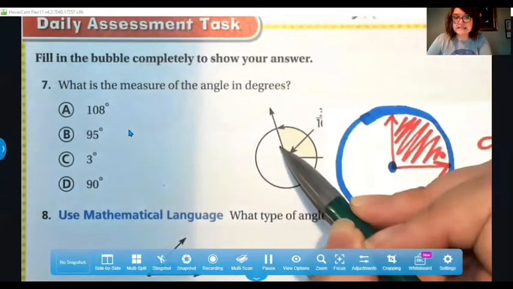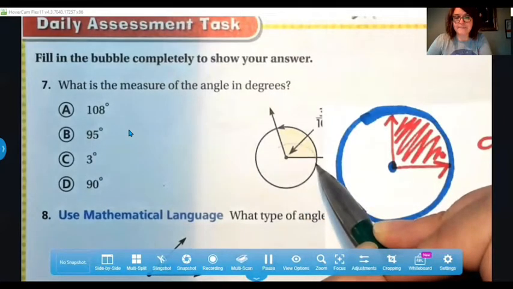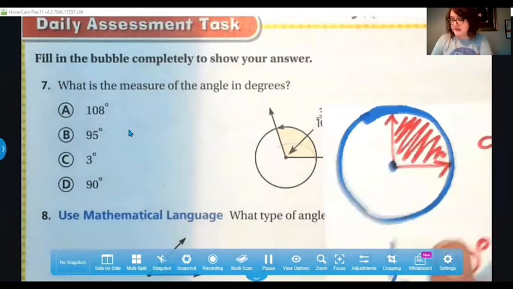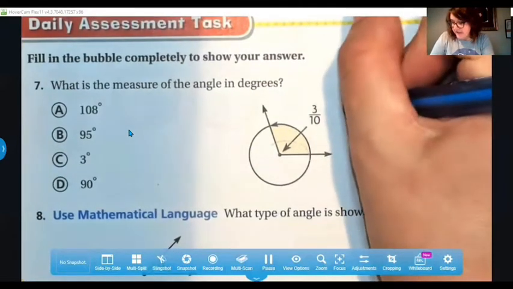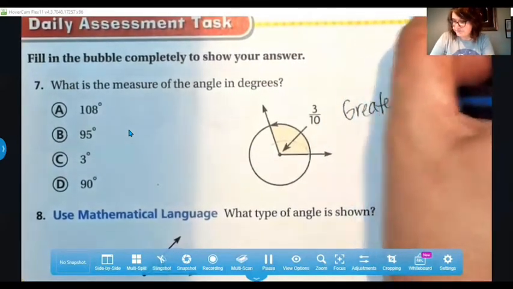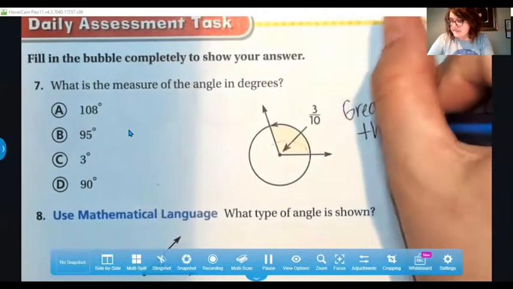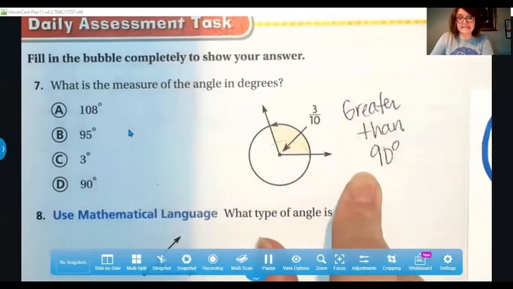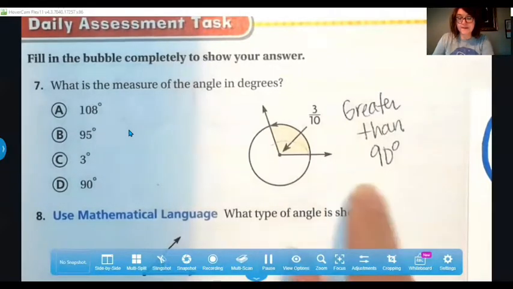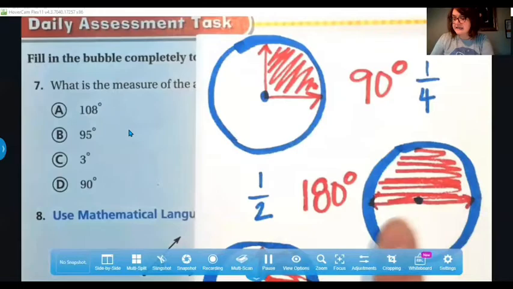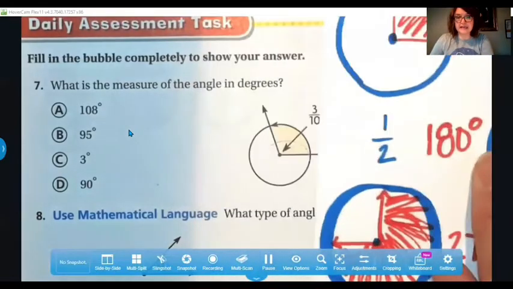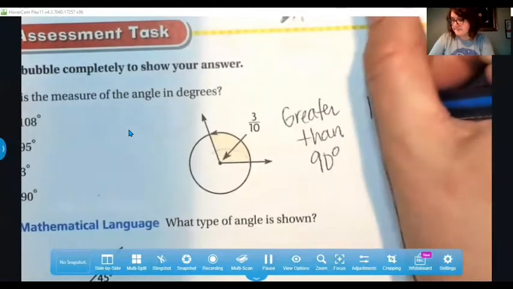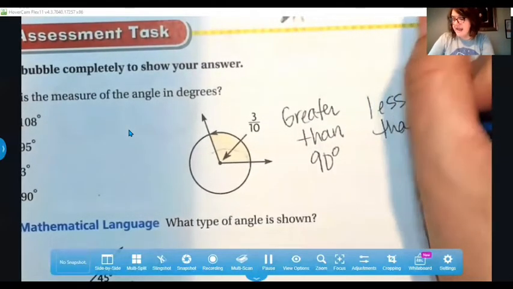Notice this is just a little bigger than that perfect letter L. So I know that this is going to be greater than 90 degrees, but it is not a full line yet. So it will be less than 180 degrees.